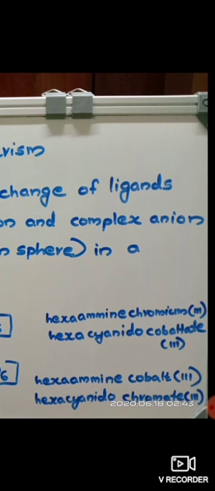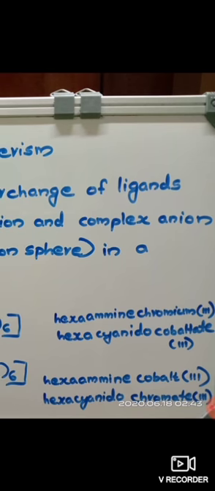Name of this first compound is hexaamminechromium(III) hexacyanidocobaltate(III). Second one is hexaamminecobalt(III) hexacyanidochromate(III).